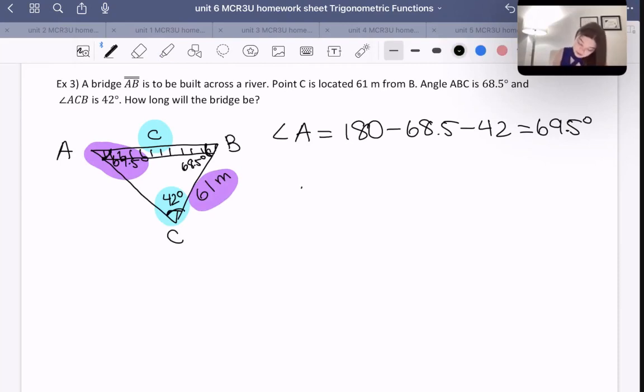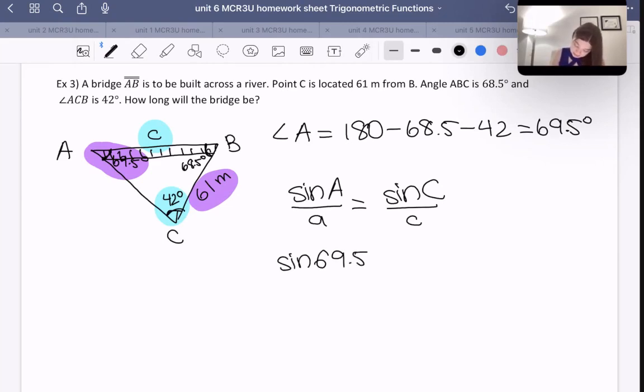So we are able to use the sine law to say that sine of angle A over side A is equal to sine C over side C. Voila. So that means sine 69.5 over 61 is equal to sine 42 over C.